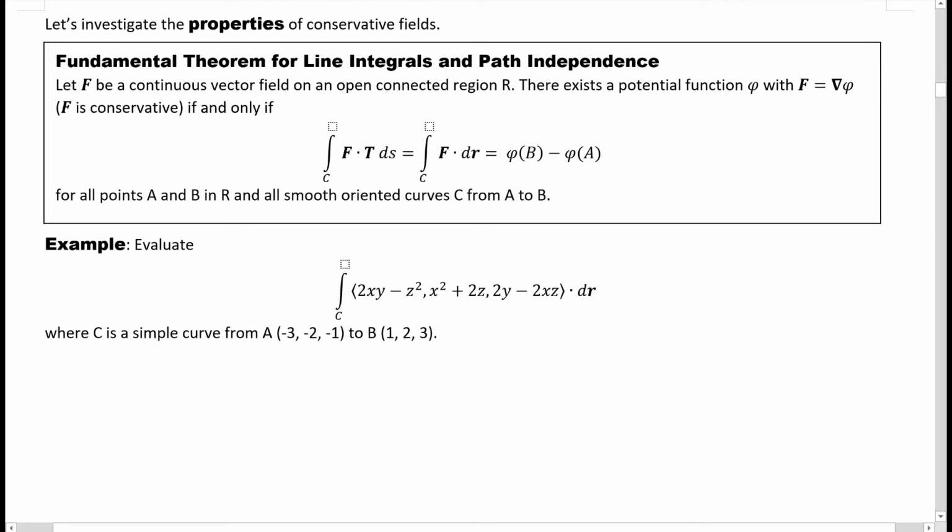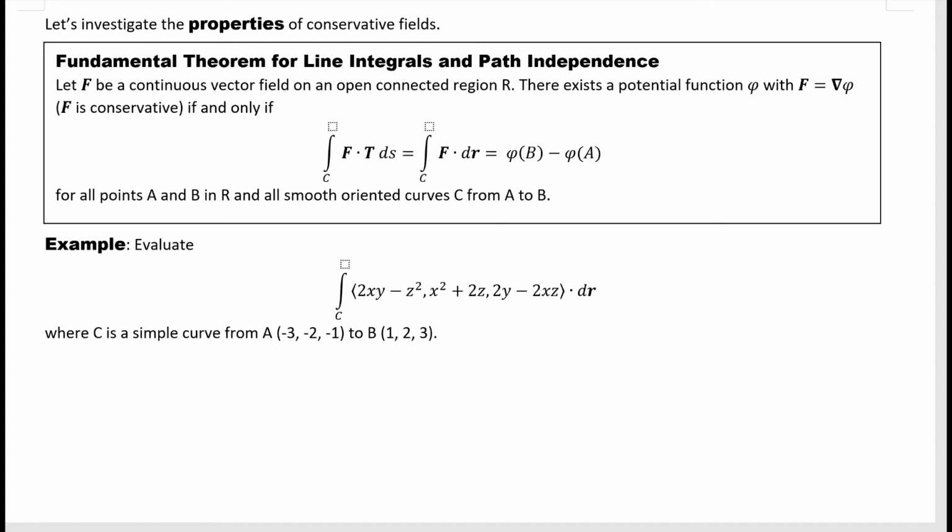Okay, let's investigate the properties of conservative fields. So here we have the fundamental theorem for line integrals and path independence. Let F be a continuous vector field on an open connected region R. There exists a potential function phi with F equals the gradient of phi.